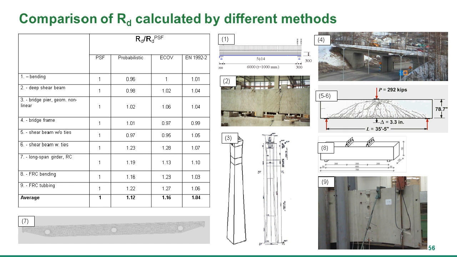For some of the later problems, you suddenly see that these probabilistic or semi-probabilistic methods give slightly higher design strength, which of course can be explained by the fact that some more knowledge is implemented about the distribution of the material.